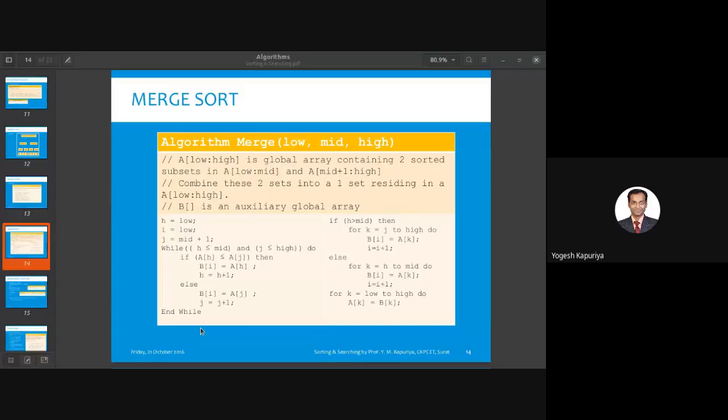Once you start merging, you first compare the first number from the first part and the first number from the second part. Whichever is lower will be copied into the output, and the index for the part which is being copied will be incremented by 1. So this is what we are doing in merge sort.